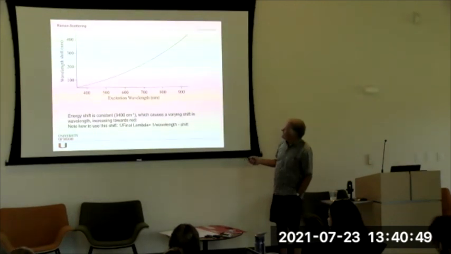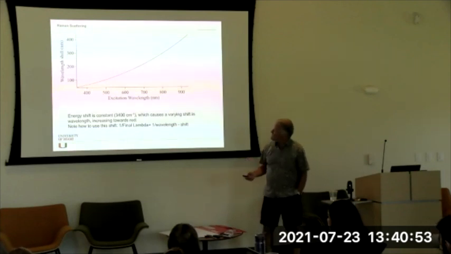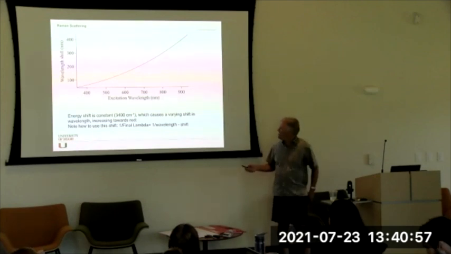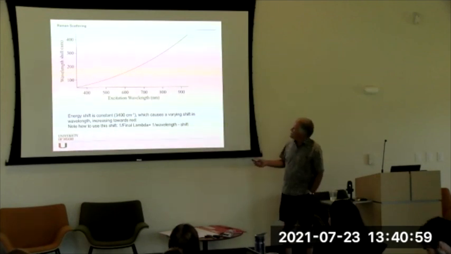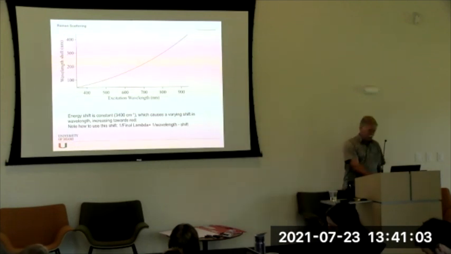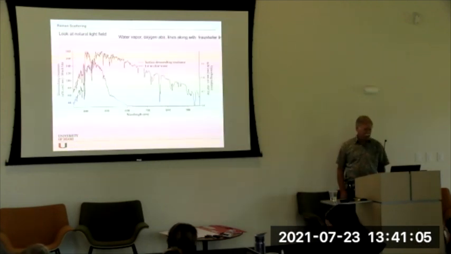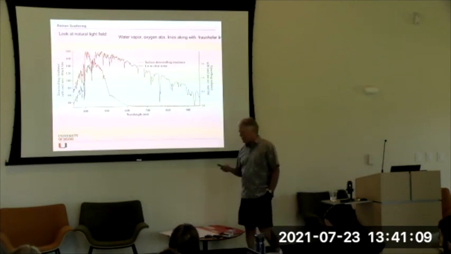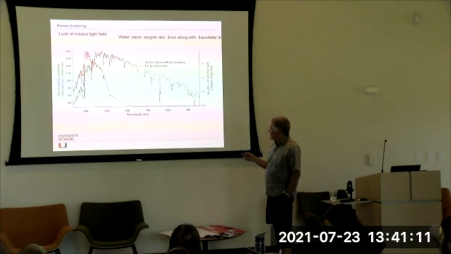If you excite at 600 nanometers, then the wavelength shift will be more like 180 nanometers. So through most of the visible, we're talking about a 100 nanometer shift, roughly. So why do we see it in the light field? It's smaller than Rayleigh scattering. We wouldn't think it was that important, or we didn't think it was that important.